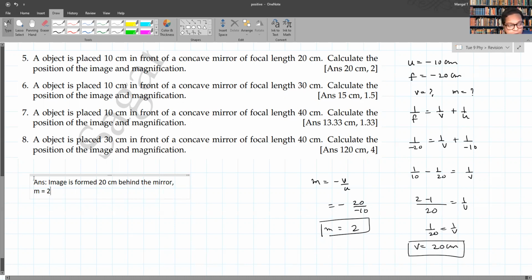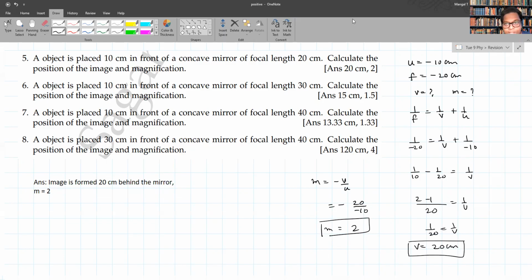So of course, what does that tell you? It is a virtual magnified image. Now I have written over here plus 20 centimeter. But remember, in an exam when you're writing, do have a habit of writing like this: 20 centimeter behind the mirror. Fine.